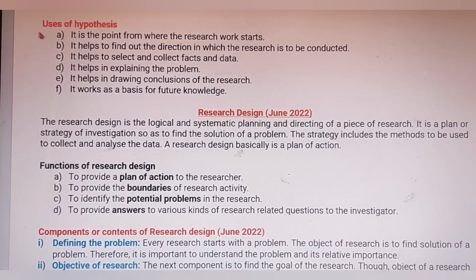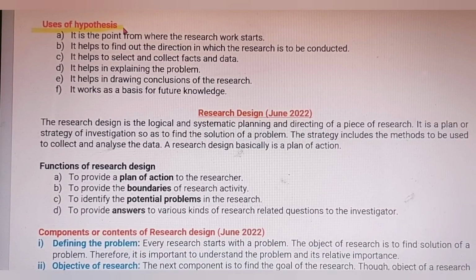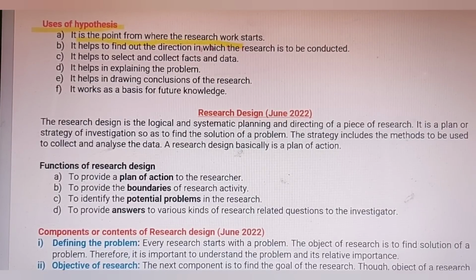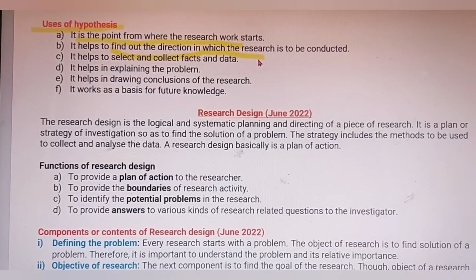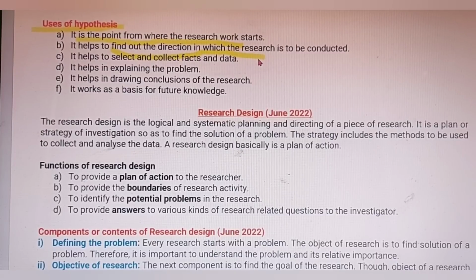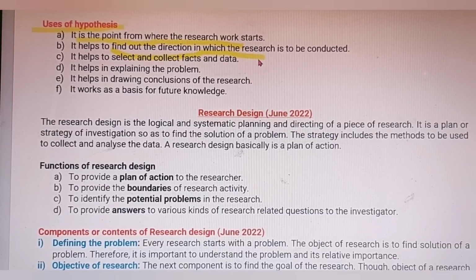Okay, the uses of hypothesis. Why is hypothesis done? What is the importance? Basically, it is the starting point where the research work starts. It helps to find the direction of research. Now, this is very important, that without hypothesis, a proper and systematic research cannot be conducted.